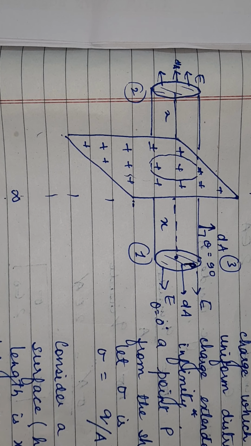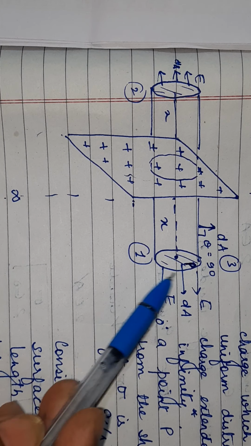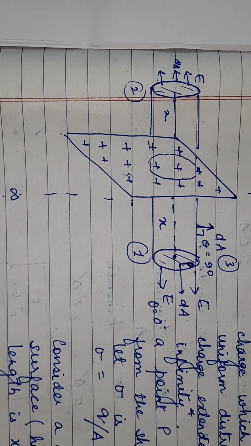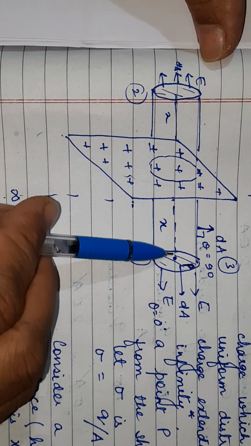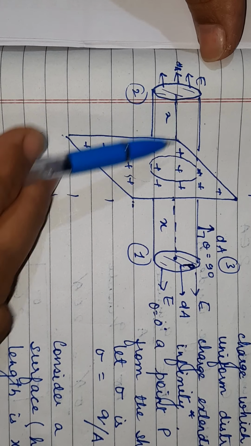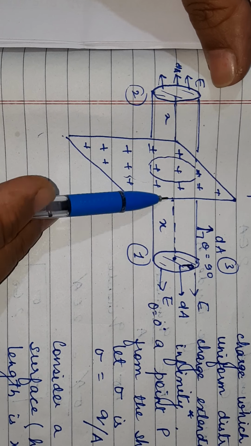Now we have to consider a Gaussian surface so as to find the electric field due to this infinite plane sheet of charge. So we are considering here a cylinder, which is at a distance x from the plane sheet. What will be the length of this cylinder?